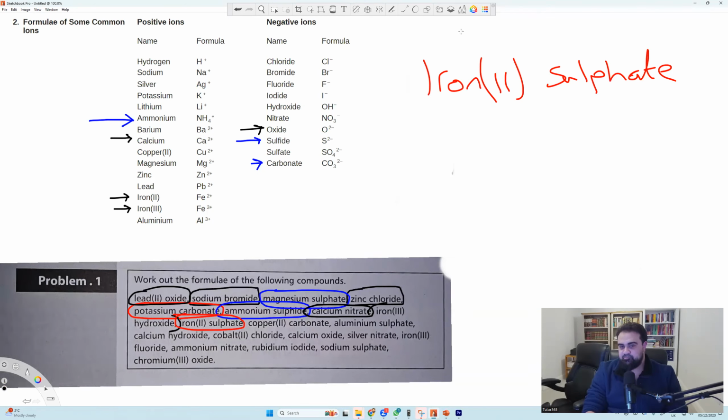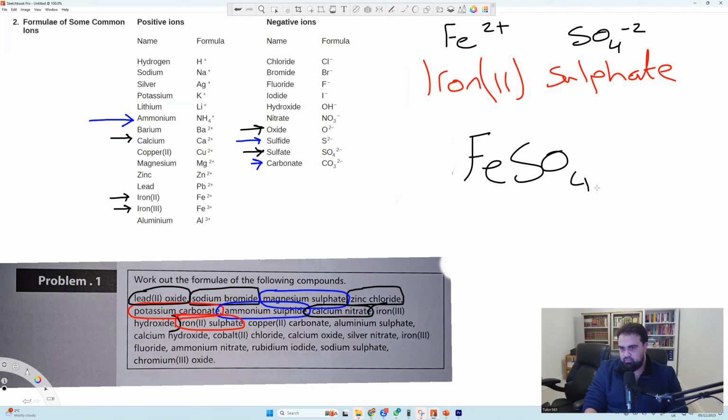First, iron 2 has a 2+ charge, and then sulfate has a -3. Look carefully, use your data sheet. Oh, sorry, -2. So we don't really have to do anything. It will just be Fe and then SO4. That's it, iron sulfate.